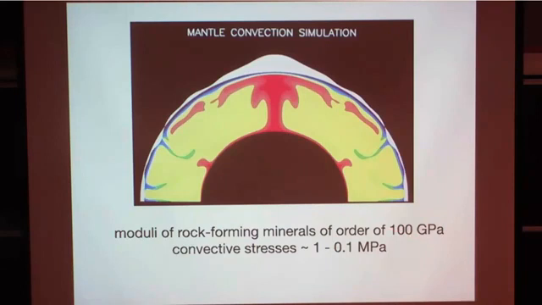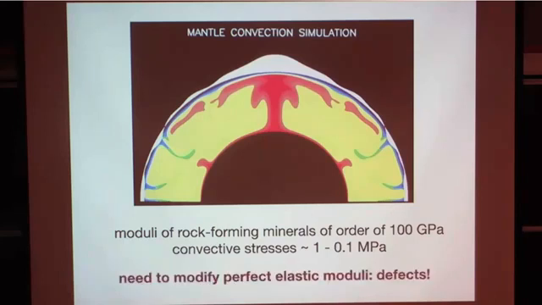The perfect single crystal elastic constants can't be what's accommodating the flow in the mantle. In particular, we need to modify these perfect elastic moduli. We need to have defects. They can't be perfect, because otherwise nothing would ever happen. That's the reason why we need to talk about defects. Where do the defects come from? Why do we have defects in the first instance?